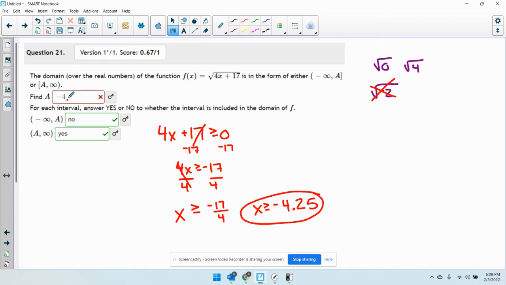So you just need to add this 0.25. So it's going to be x is greater than or equal to some negative number. So it's going to have this form. It can be negative 4.25 up to infinity. So that's why this is the correct answer. If it was less than or equal to, this would be the yes and this would be the no.